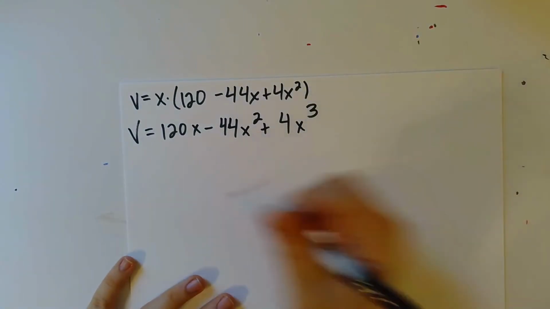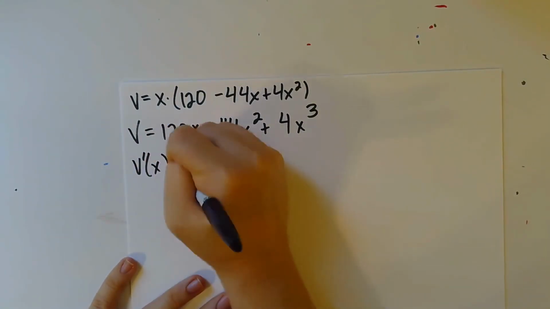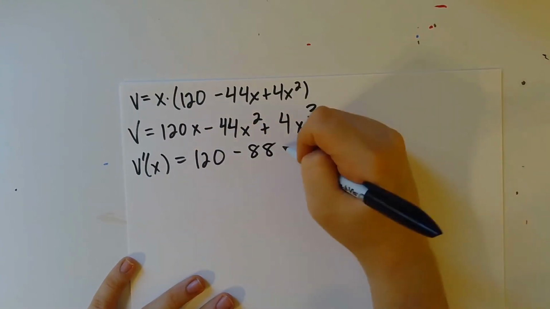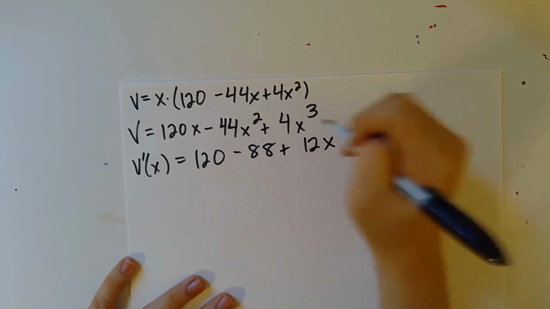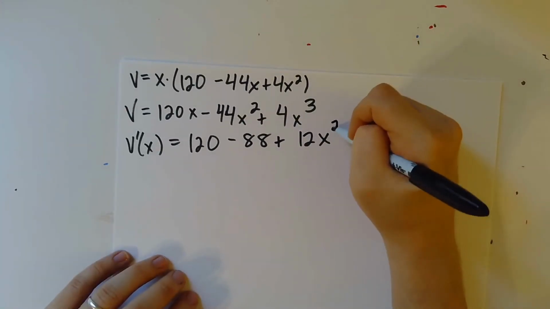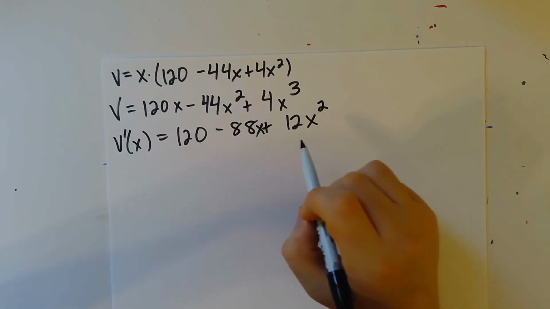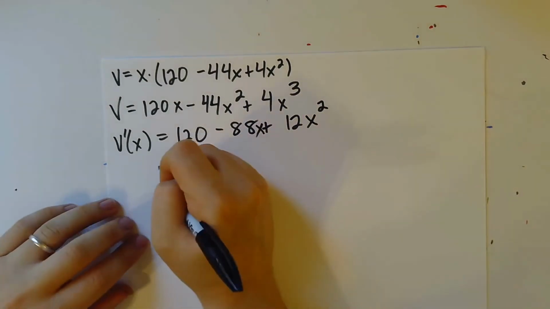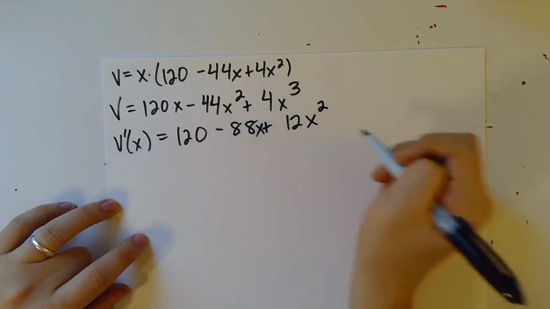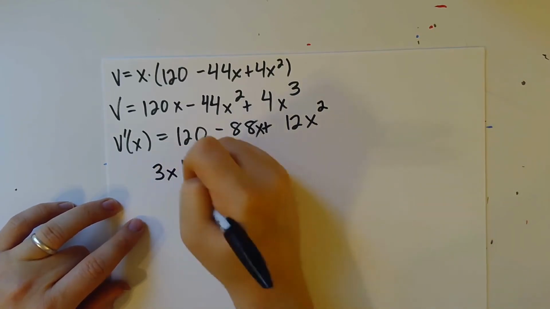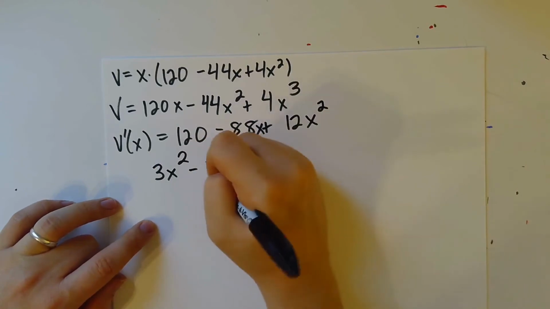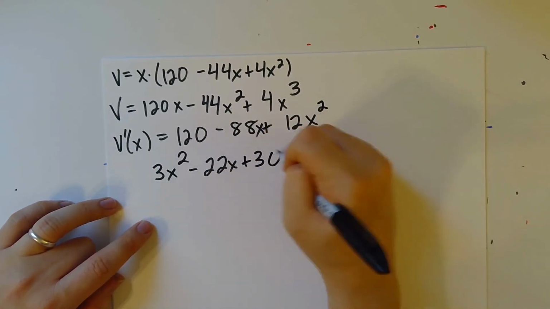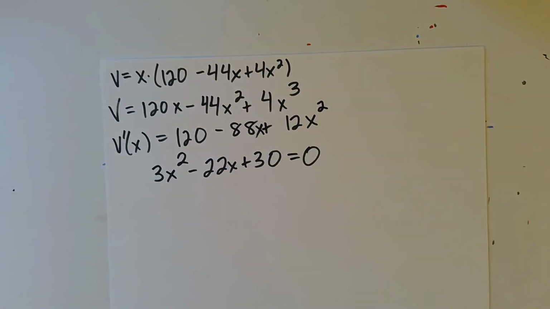And so then when I take the derivative, I'm going to get 120 minus 88x plus 12x squared. I can certainly divide everything here by 4 and rewrite this in the usual order. So I'm going to try and set this equal to 0. So that'll be 3x squared minus 22x plus 30 equals 0.